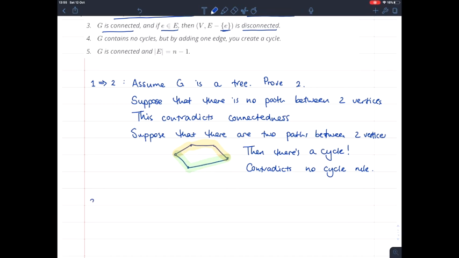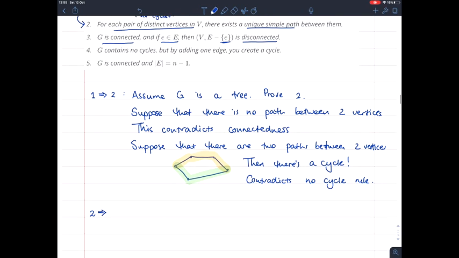So now let's show that if we have statement 2 being true, so for each pair of distinct vertices in V there's a unique path between them, let's show that that implies 3. So we're going to assume that 2 holds.